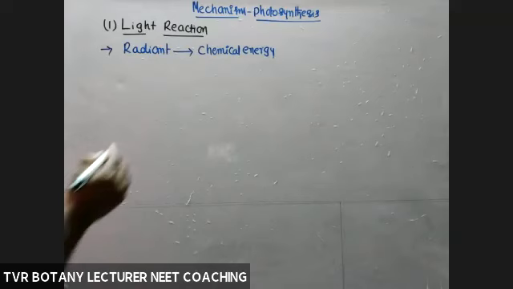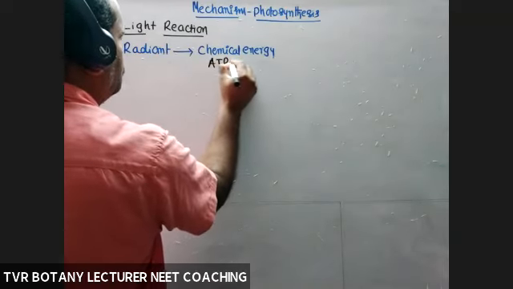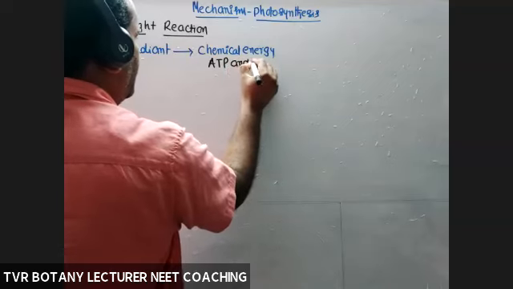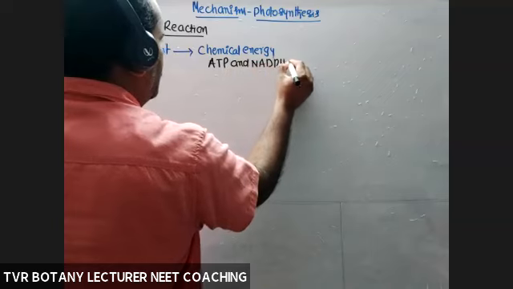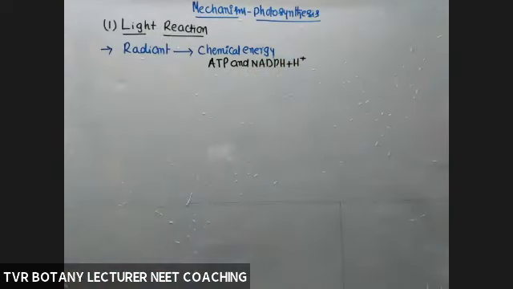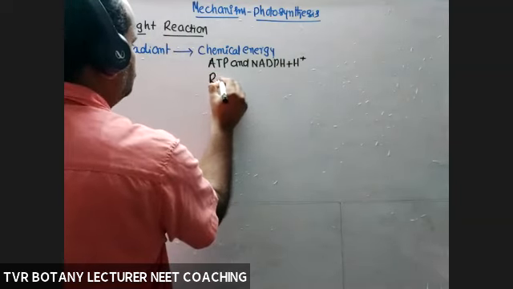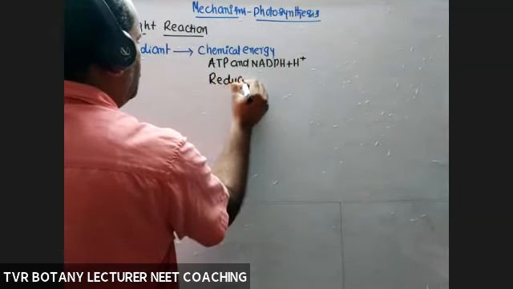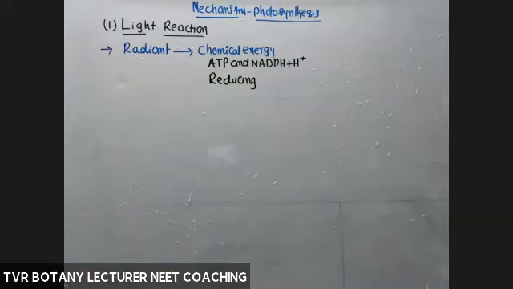What is that chemical energy? ATP and NADPH plus, the reduced form of a coenzyme. These two are collectively called reducing power, as they are able to reduce the C of CO2 into carbohydrate.